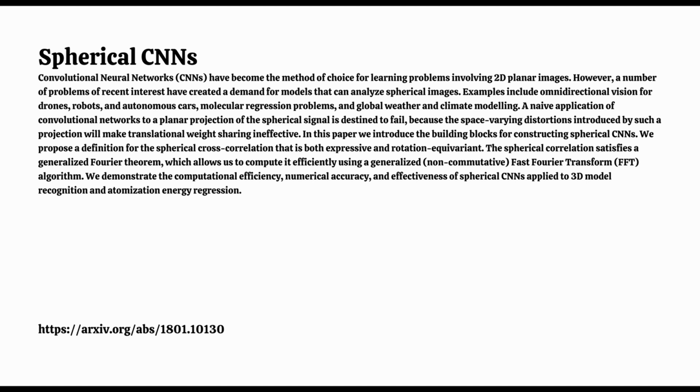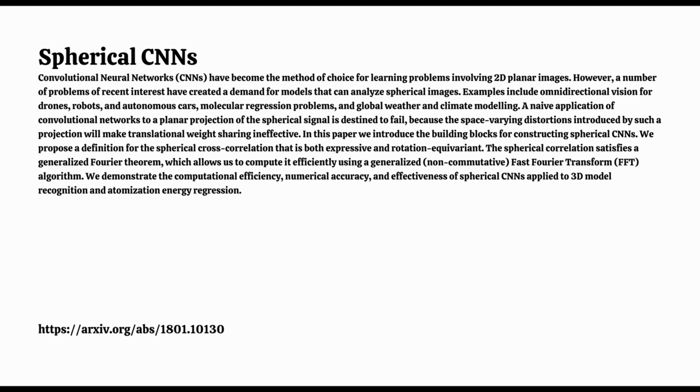But with that O(n^6) computational problem looming, how on earth did they make this actually work efficiently? That's usually where brilliant theoretical ideas hit a practical wall. Right, and this is where the paper introduces some really powerful techniques from a field called non-commutative harmonic analysis. It sounds complicated, but the core idea is analogous to something we use all the time in regular CNNs.